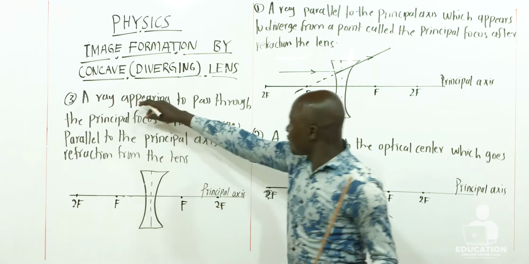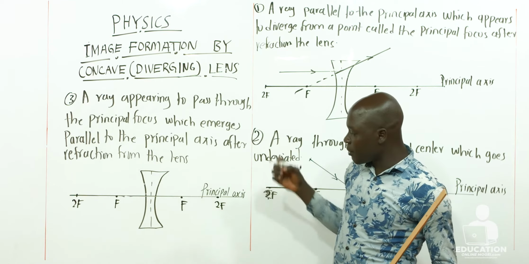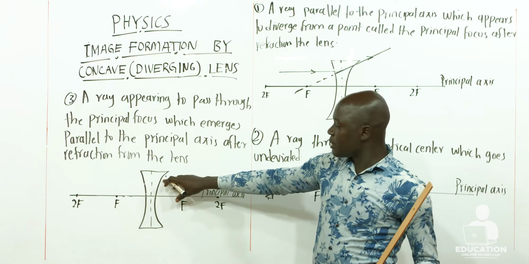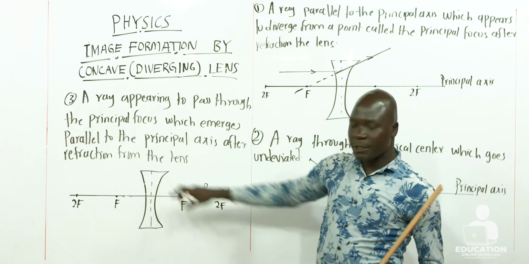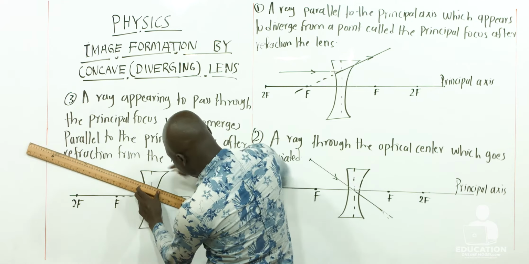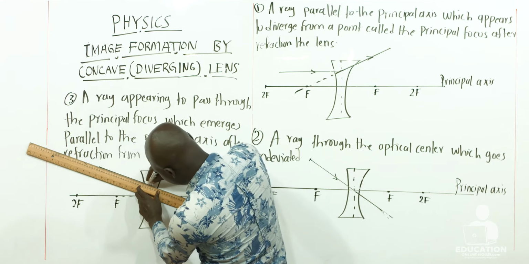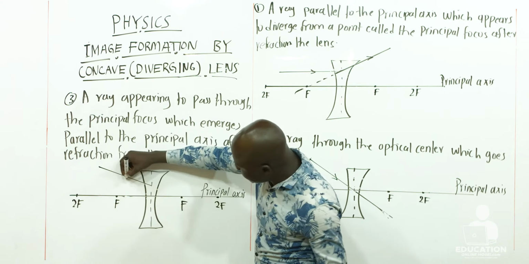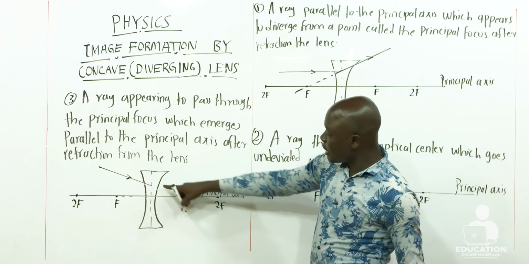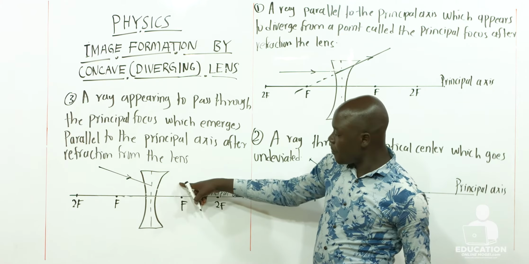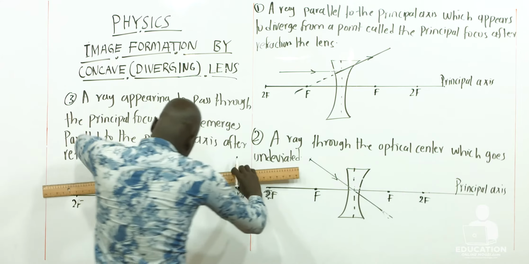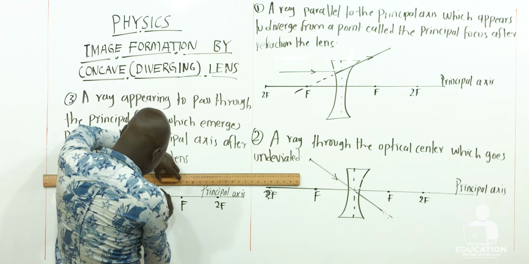Now this ray appears to be passing through the principal focus, but after it comes into contact with the lens, it is going to emerge parallel to the principal axis. So if this is the ray, when it comes into contact with the lens, it will be refracted parallel to the principal axis.